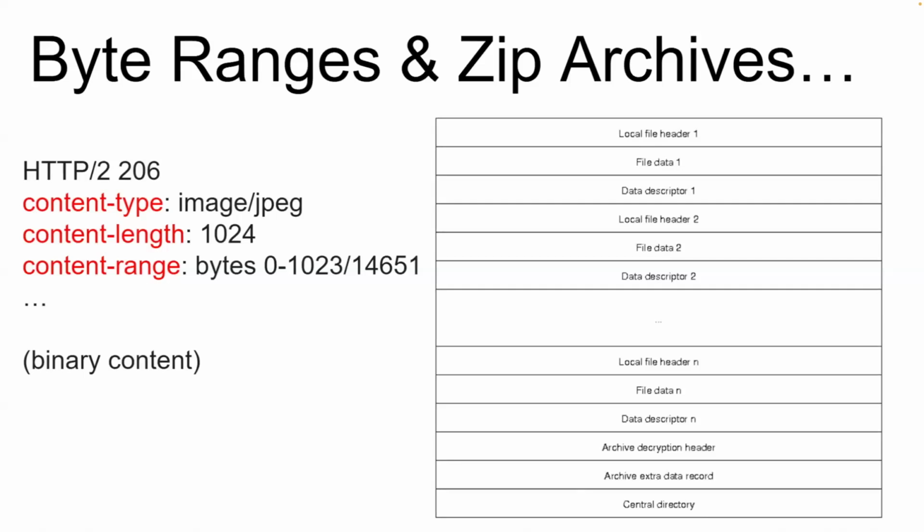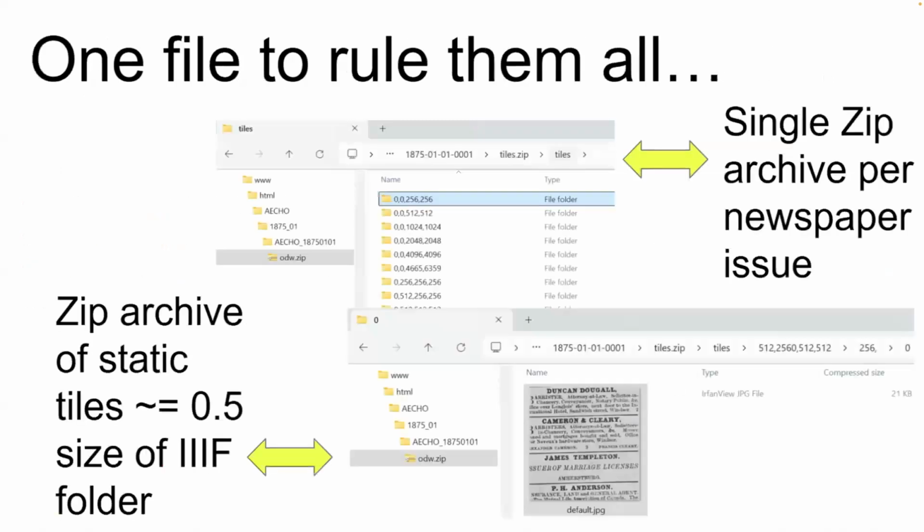On the right is the zip directory structure. Library tech folks may find it eerily similar to MARC communications format, which is used for bibliographic records. The zip format has been around since the 1980s and is a well understood and documented format.